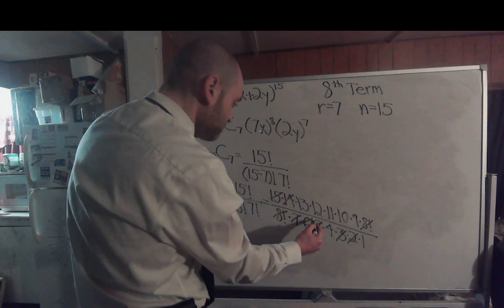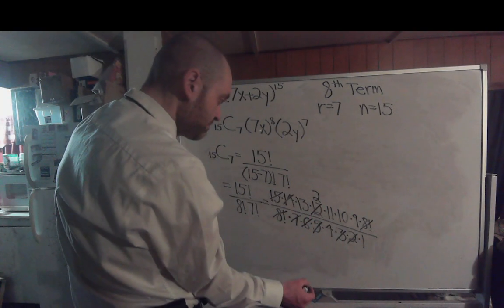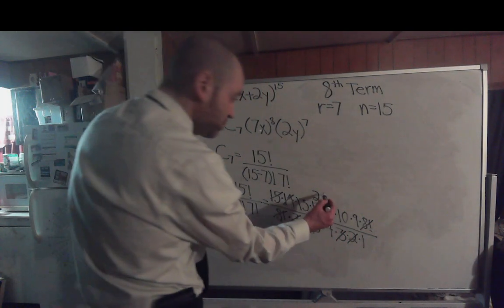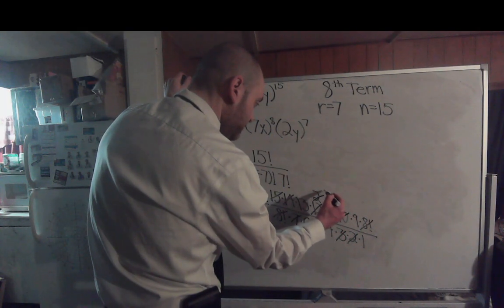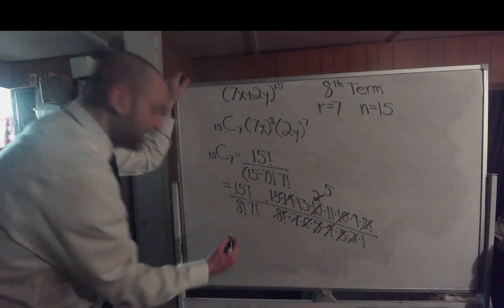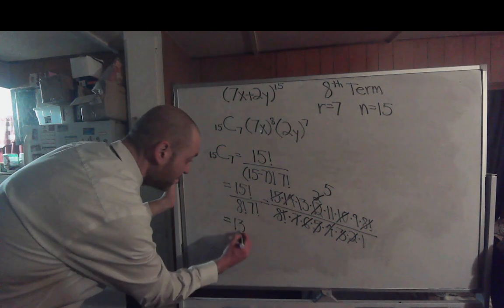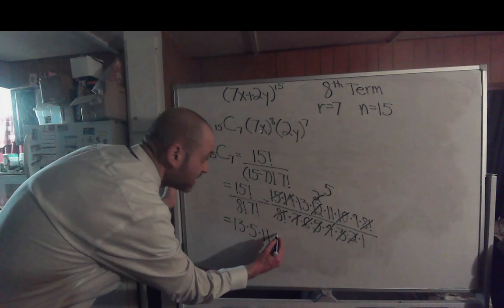Well, yeah, 6 will definitely go into 12 twice. If you take 10 times 2, you got 20, which would become just 5, which would get rid of the 4. Okay. So this really breaks down into 13 times 5 times 11 times 9.